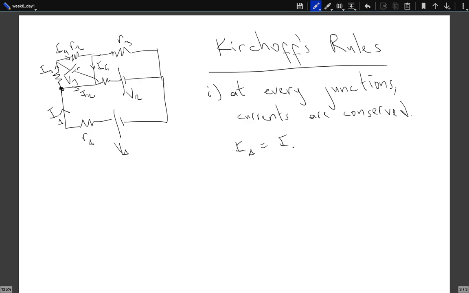At that point, I1 should be equal to I2 plus I3. This is just charge conservation. Whatever charge enters such a junction, the same charges should leave the same junction. If 5 coulombs enters, 5 coulombs should leave. So this is just charge conservation.